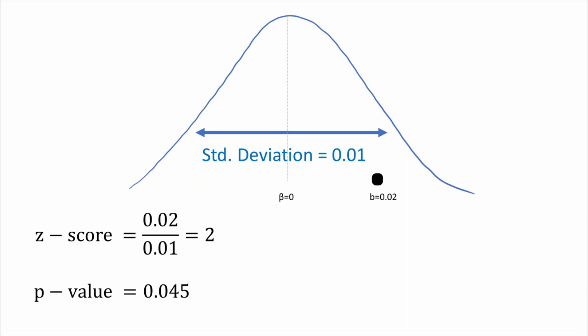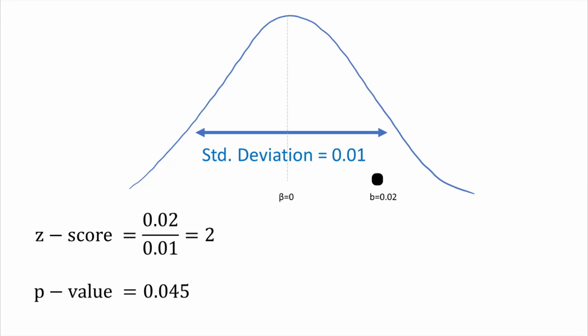However, if the standard deviation of the estimator is 0.01, then this distribution is relatively wider. With a standard deviation of 0.01, the z-score is only 2 rather than 10. Is this a large enough z-score to conclude that beta is in fact non-zero?